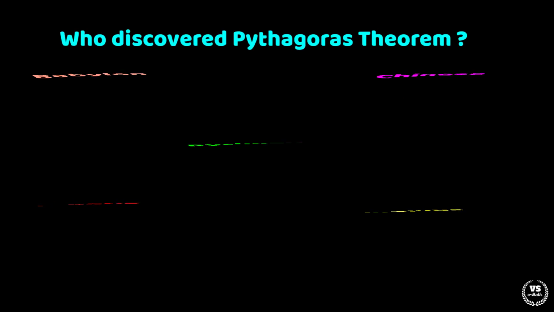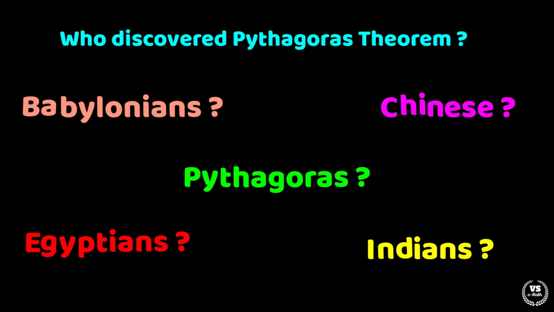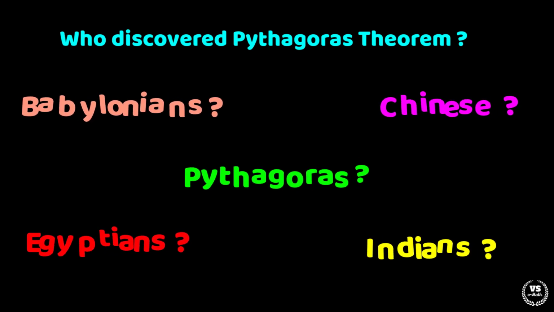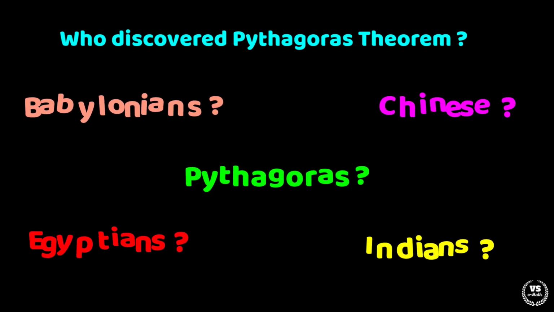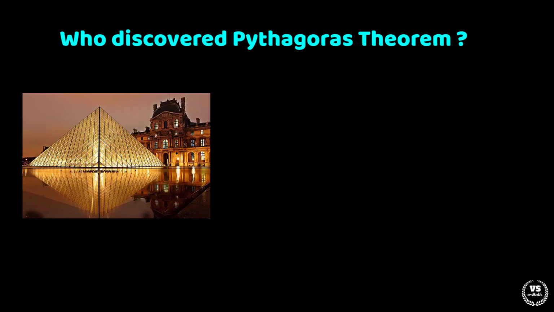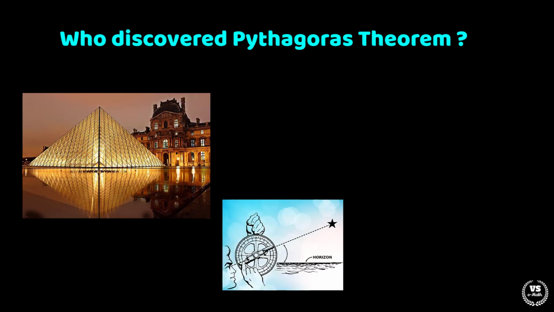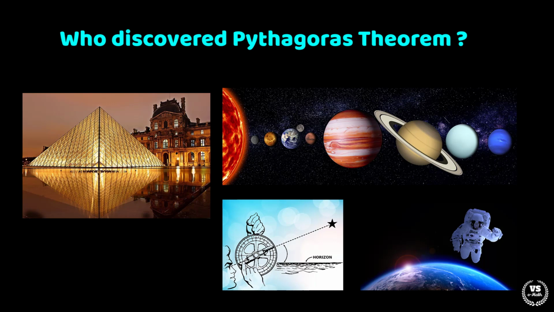Now, let's pass on to an interesting debate. We know that trigonometry is the base for architecture, astronomy, space exploration, and a lot more things. We also know that the right triangle is the base for trigonometry.